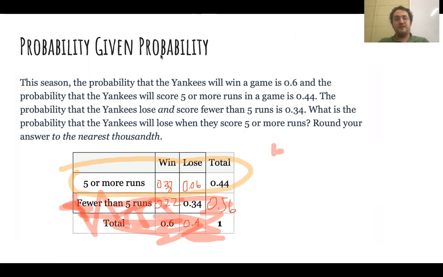If I look at lose over total, I'll have 0.06 over 0.44.